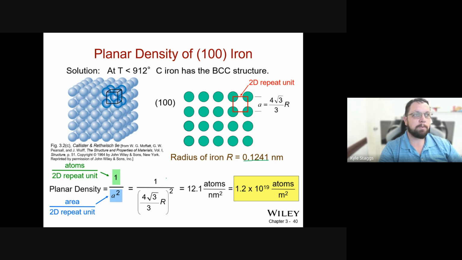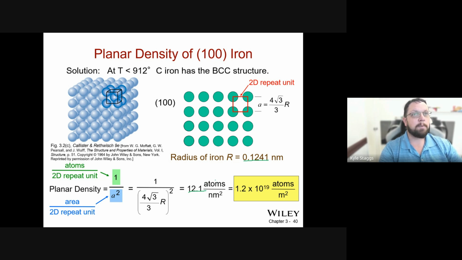So 1 repeat atom divided by the area of the repeat unit, which is A squared, A being 4√3/3 times the radius. So we get 12.1 atoms per square nanometer.